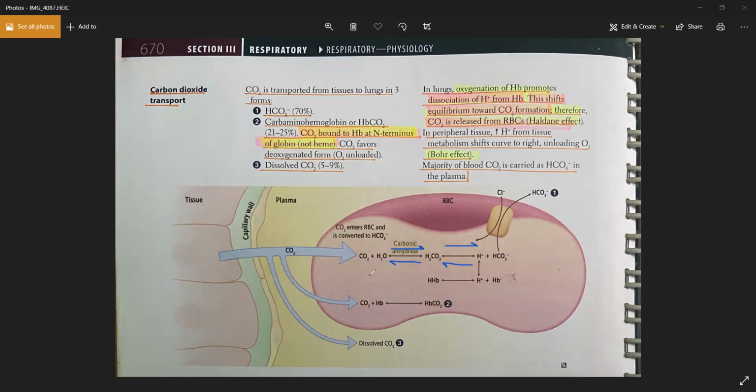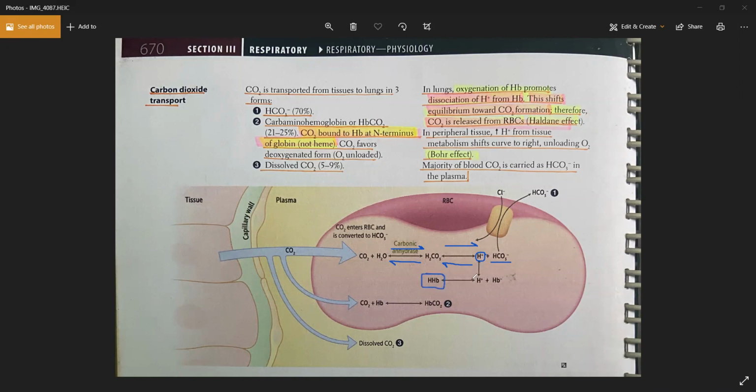So tell me, if I remove this H plus from the reaction, can my reaction have more forward than backward? Similarly, if I remove this bicarbonate from the reaction, can I have more forward reaction than backward reaction? Yes. That's exactly what my RBCs do. They combine this H plus with the hemoglobin and make HHb.